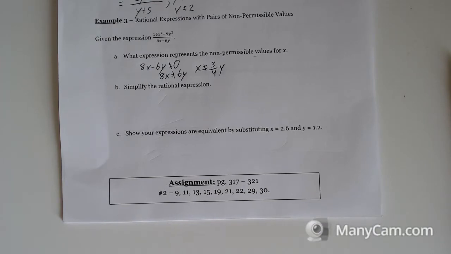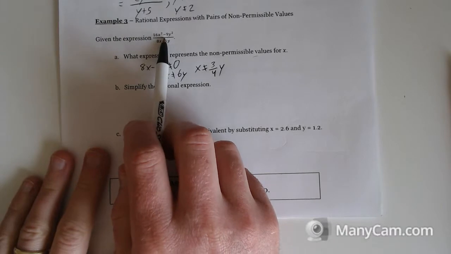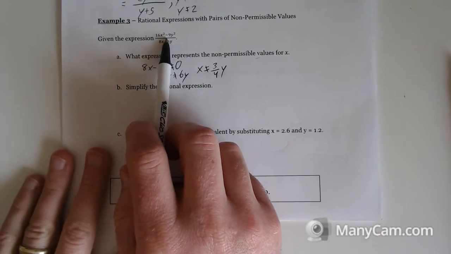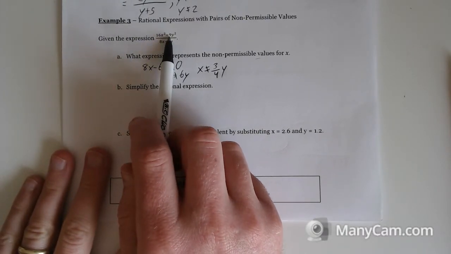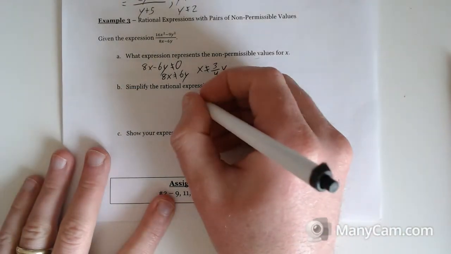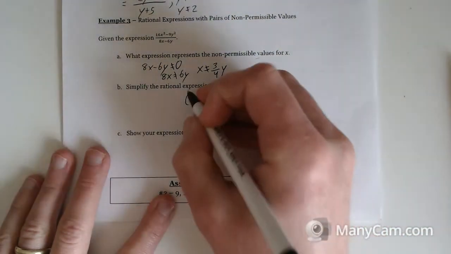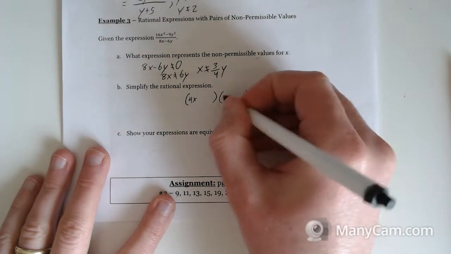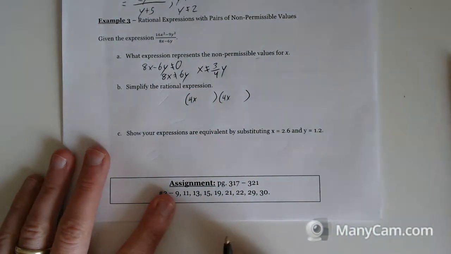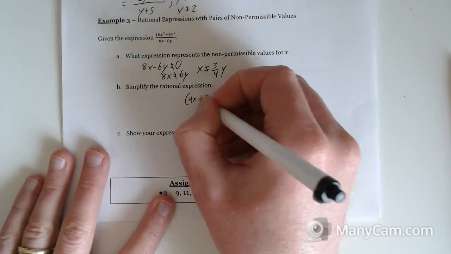Now we need to simplify the rational expression. So what can we do in this one? Well, on the top we have a difference of squares. Do we have a common factor? No. An even number, an odd number. No common factor. So the top is going to factor as 4x in the front and 3y in the back, and change the signs.